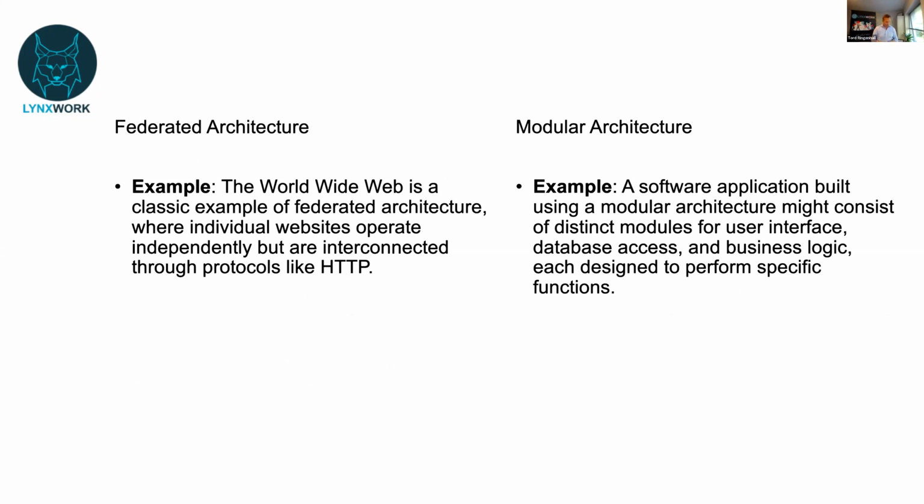We have examples like Scania, well known for having the same doors or the same windscreen on all their trucks, but they can still create different solutions on that. Or a software application where you have distinct modules for user interface, database access, and so on. So there are some differences in the approach.